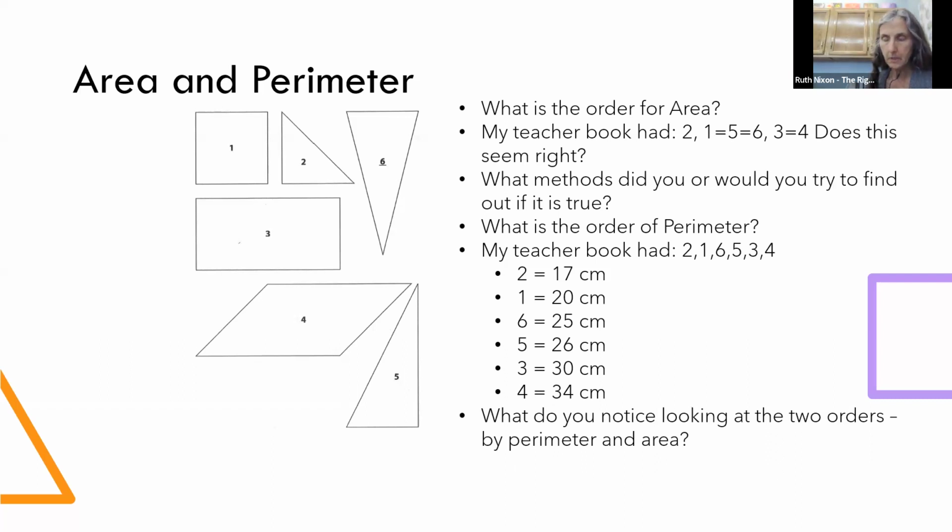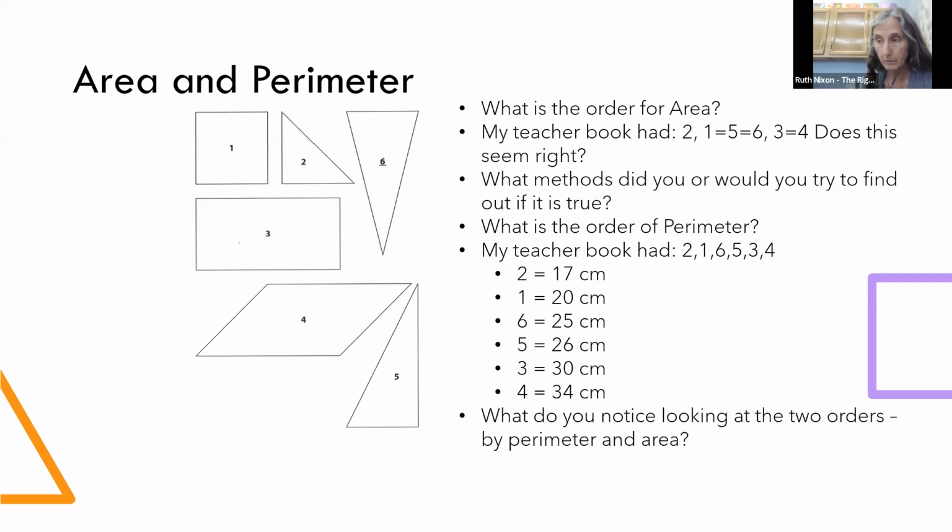Just when students are learning their multiplication tables and you have like 12 blocks and you can arrange them in a variety of ways, your area is going to stay the same. So a 2x6 or a 3x4 or 1x12, they're all areas of 12. But those three shapes have distinct perimeters.